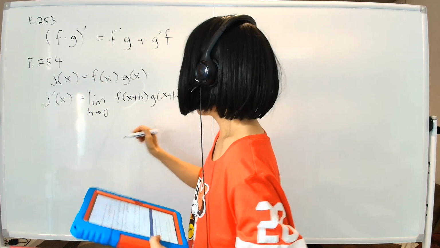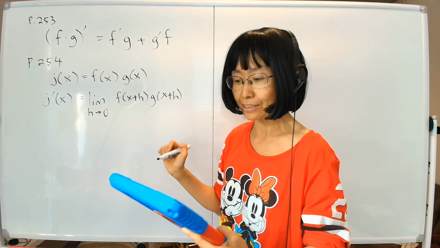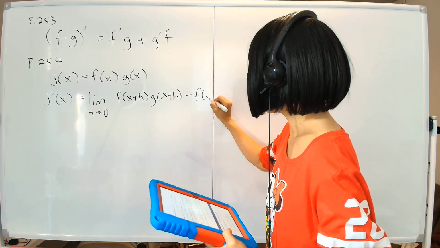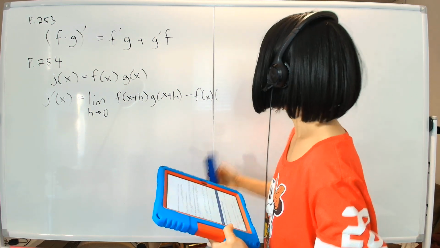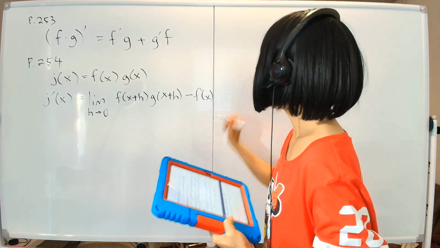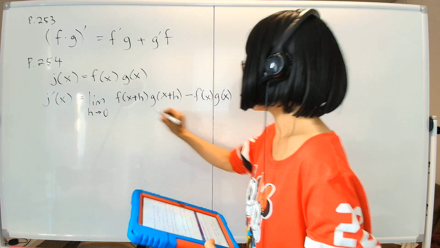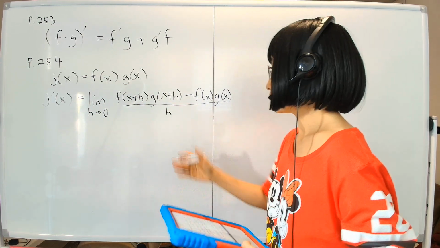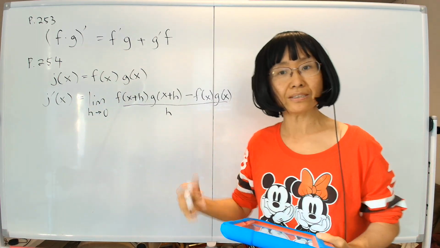Because by definition we have to take the x plus h point minus the thing itself, which is f of x times g of x, and then the whole thing divided by h as h approaches 0. That is the definition of the derivative of j.